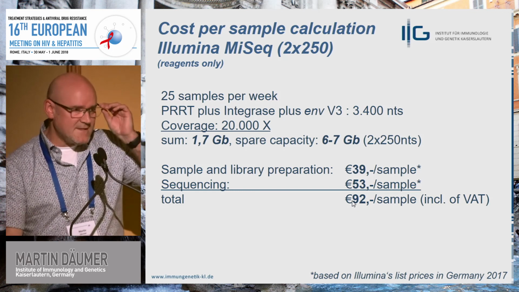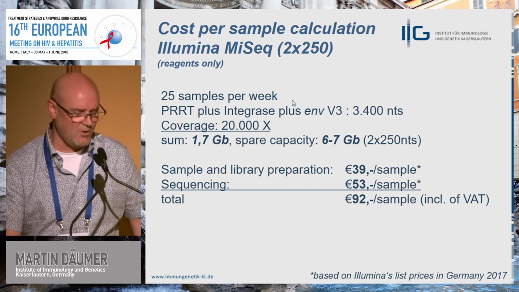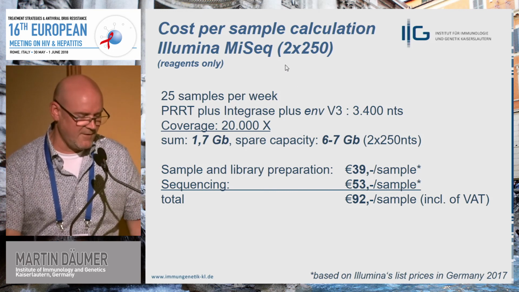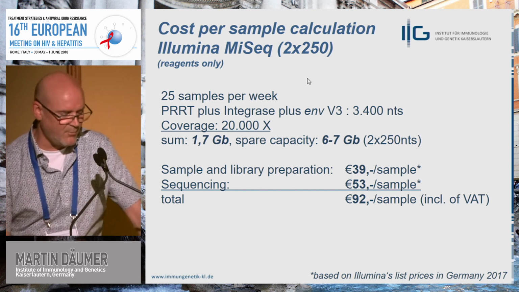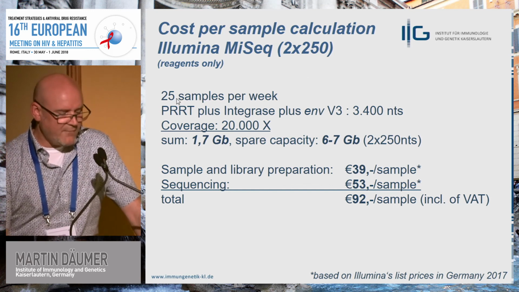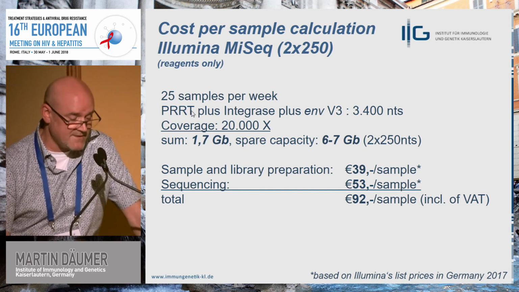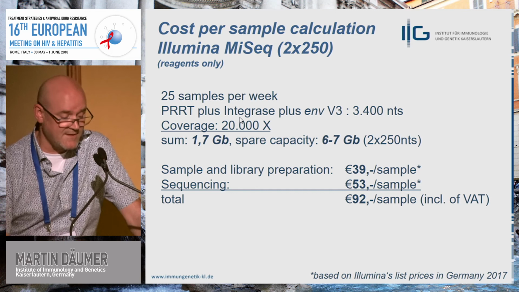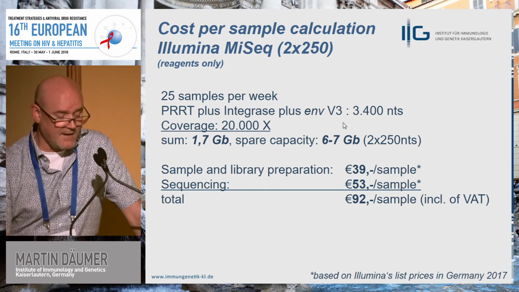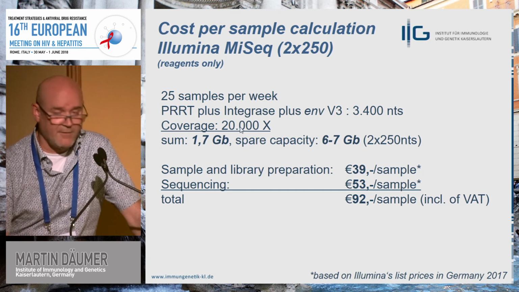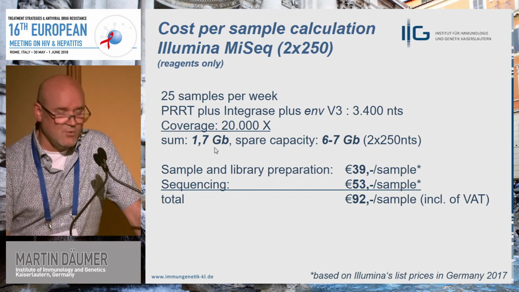So costs is still an important thing, and just looking at those who are working with the Illumina MiSeq with the 2x250 approach. At 25 samples per week, you are able to sequence protease, reverse transcriptase plus integrase plus env or whatever you want, and calculate the coverage with about 20,000x, which will end up in the sum of less than 2 gigabases.